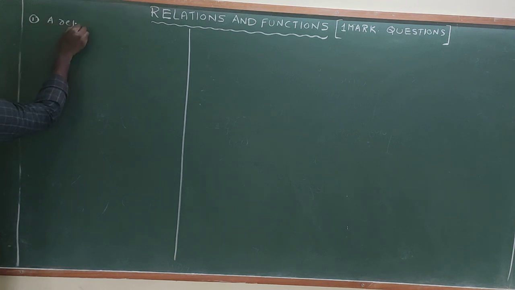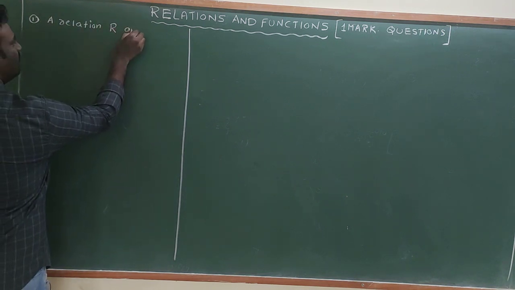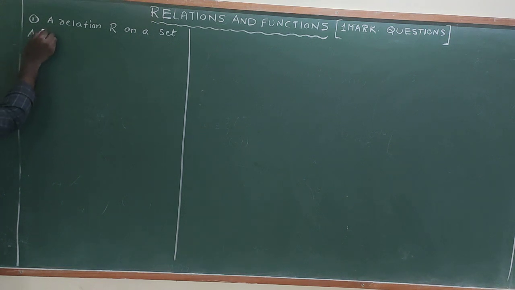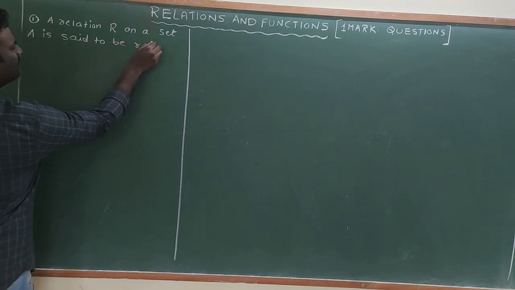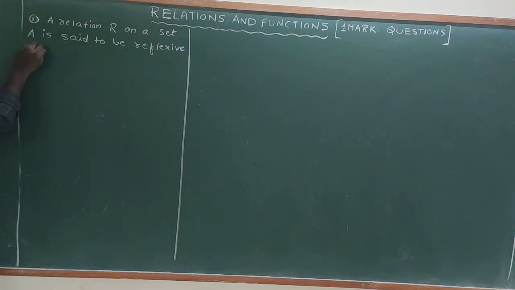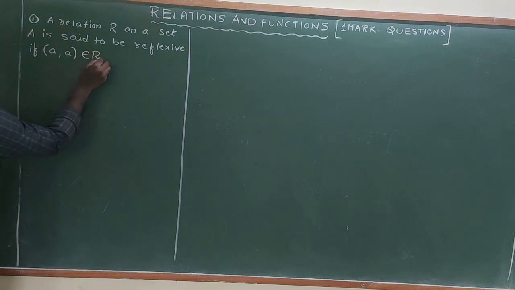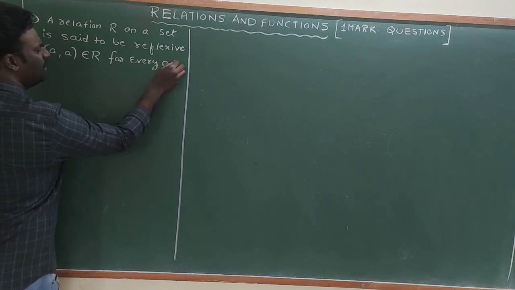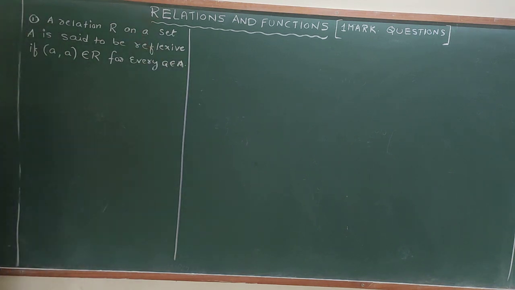A relation R on a set A is said to be reflexive if the ordered pair (a, a) belongs to R for every a belonging to A. This is the definition for reflexive relation.